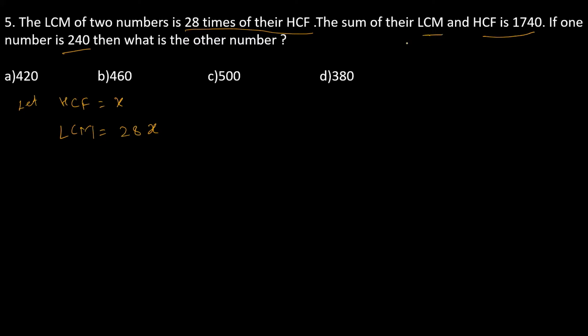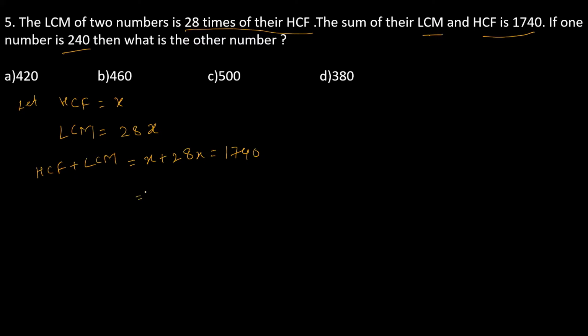Okay. What they given? The sum of their LCM and HCF. Sum of their means HCF plus LCM. HCF plus LCM means X plus 28 X is equals to how much?